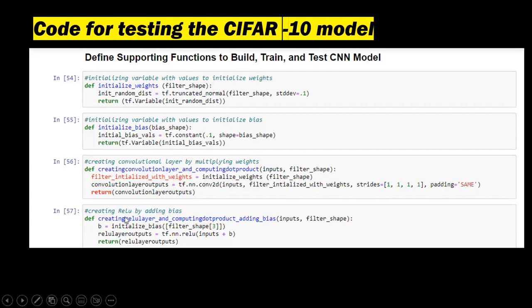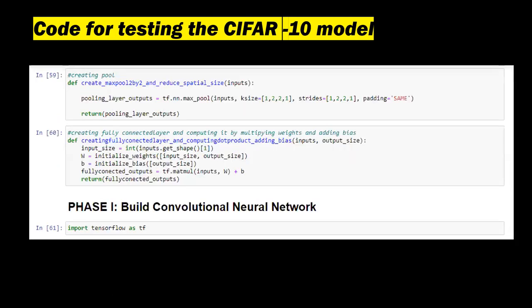The other function is for the ReLU layer, computing the dot product and adding bias. So after multiplying the initial weights and bias, we add that to the ReLU layer. Then there is a function for max pool, which creates the pool size, and a function for the layer. Here we are using TensorFlow as the library for building the convolutional neural network.